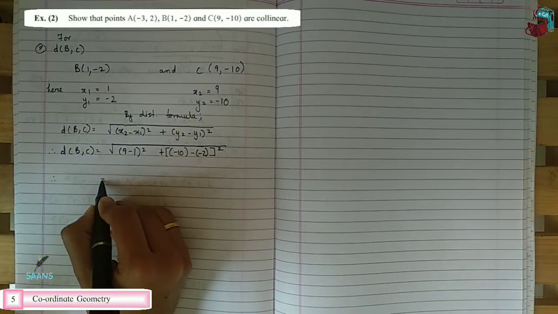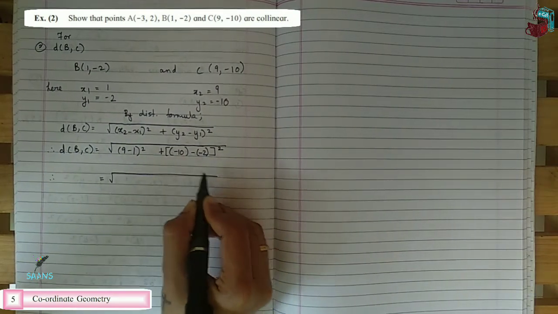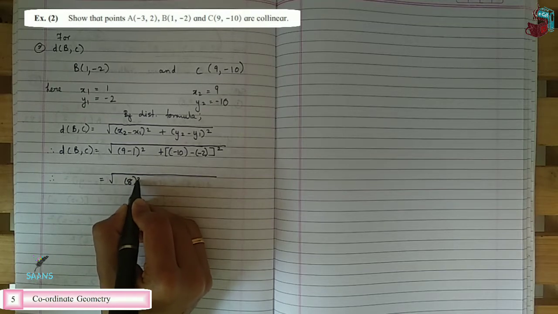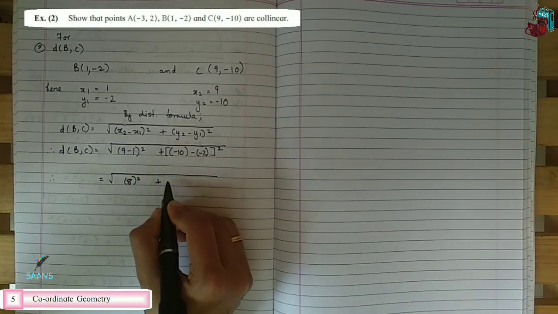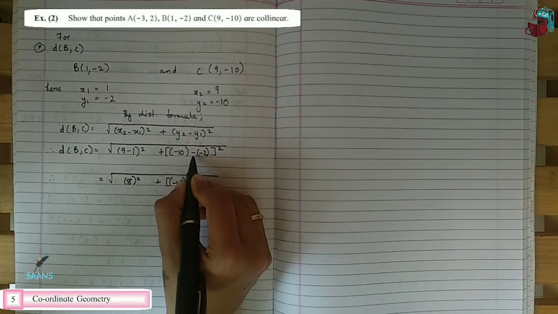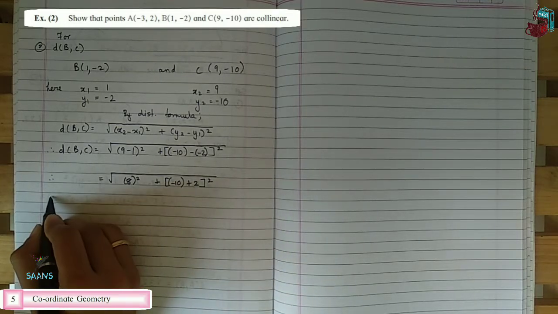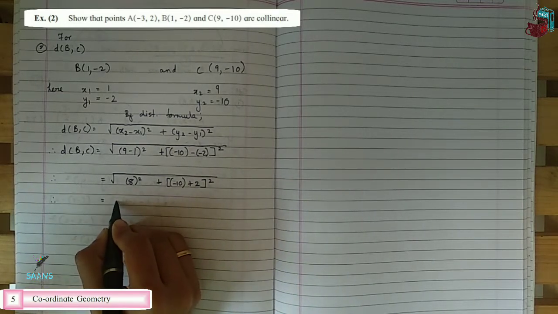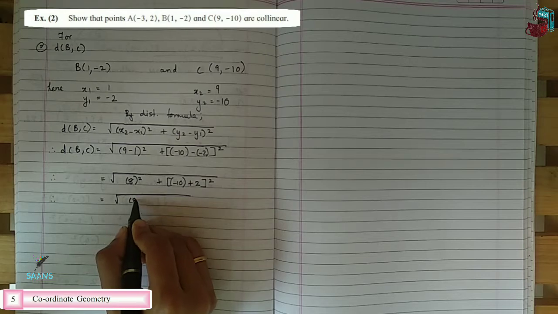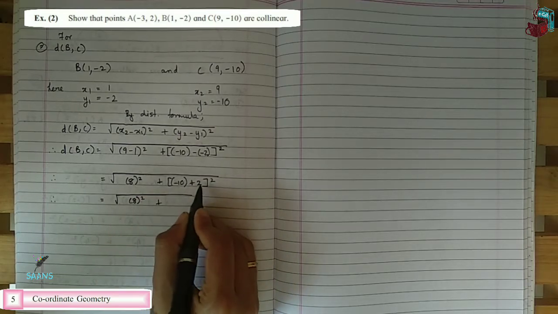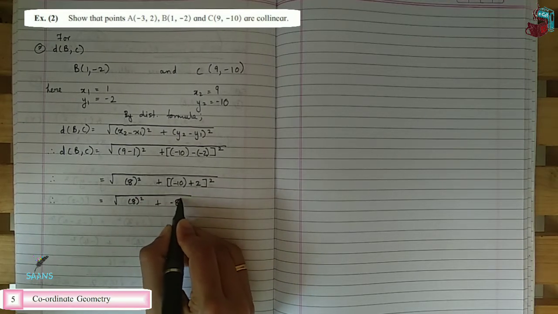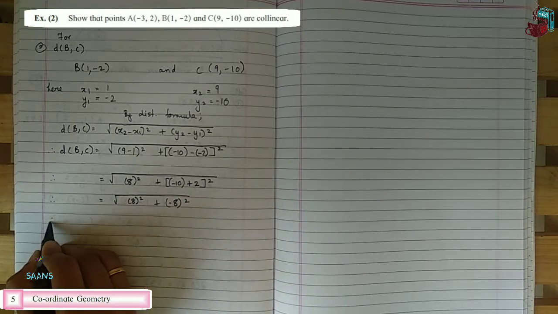Therefore, that is equal to 8 the whole square plus, here first we will solve, minus 10 minus minus plus 2 the whole square. Therefore, that is equal to under root 8 square plus minus plus sign of the greater number the whole square.